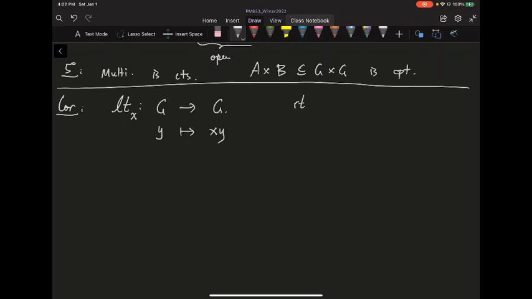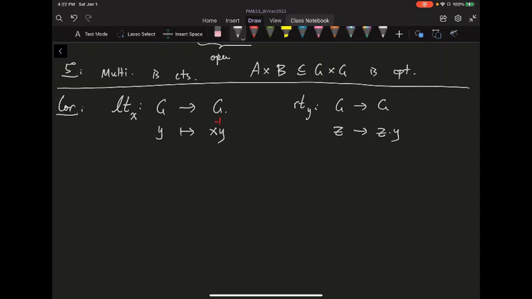And the right translation R sub Y, going from G to G, maps Z to Z dot Y. Sometimes you put an inverse here so that L becomes a kind of automorphism, so that G maps to the automorphism group of G.